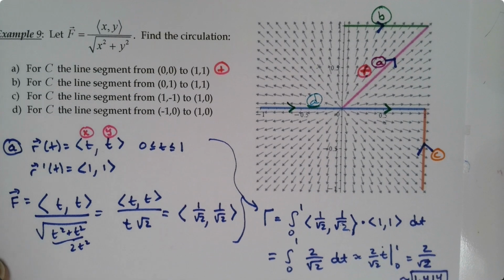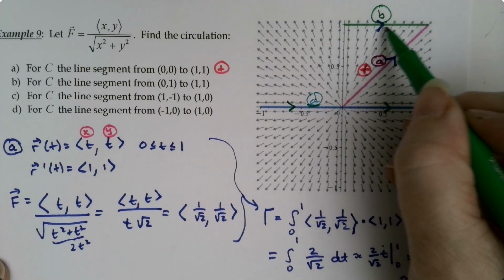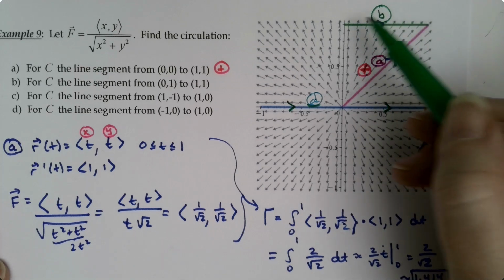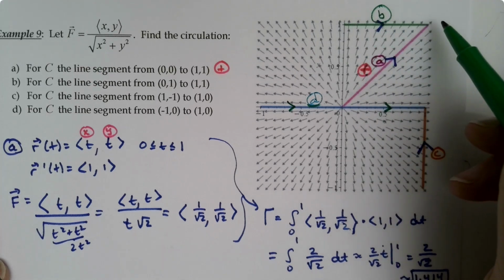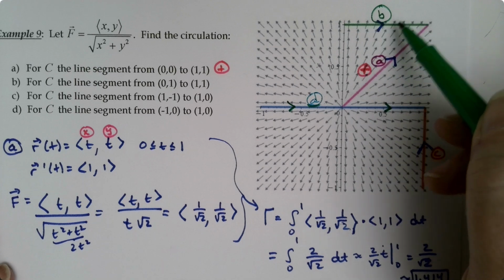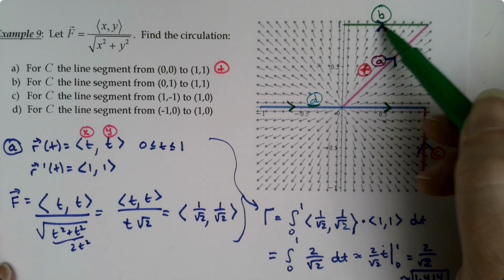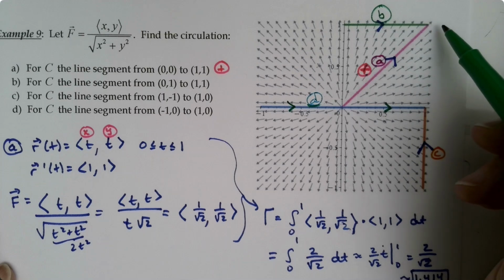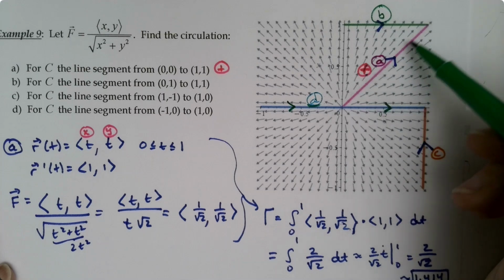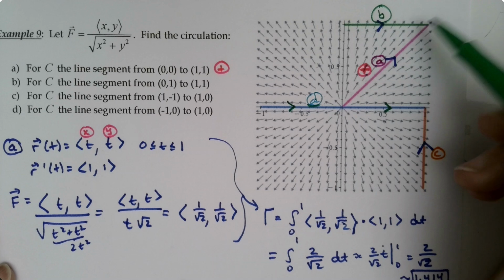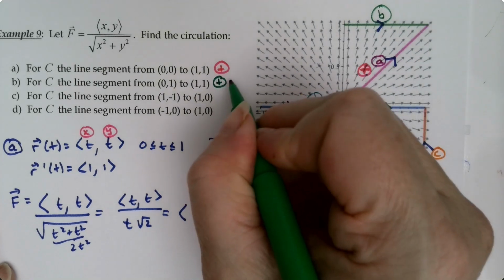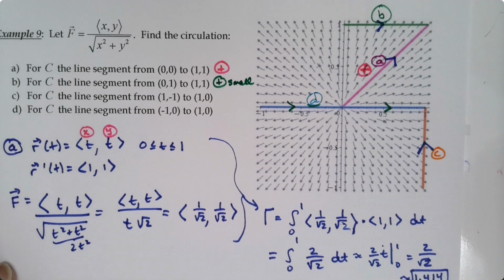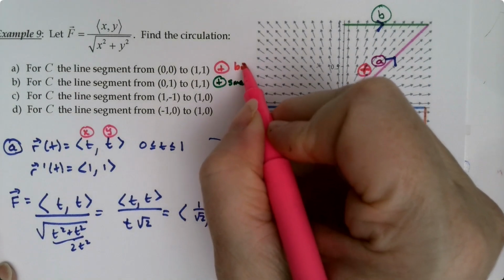Now B has a positive circulation, but it's not as big. Because it's kind of going in the direction of the arrows, it's not going against them, that's for certain, but it's not getting pushed along nearly as well as A was. A is going with those arrows. So it's positive but small, whereas this is positive but big, relatively speaking.